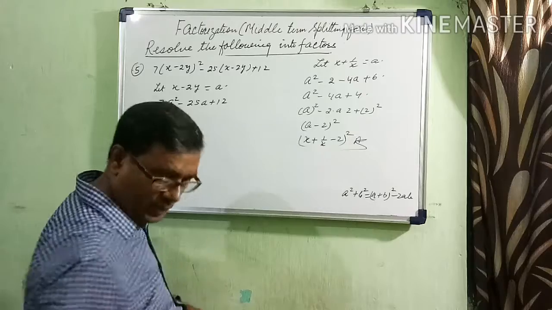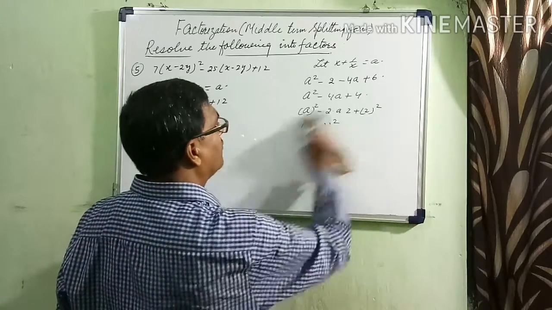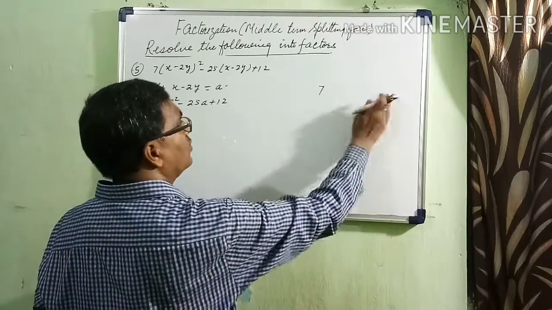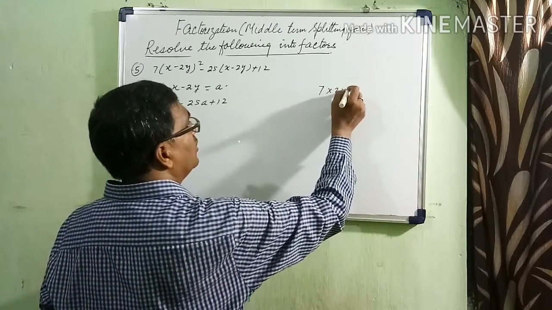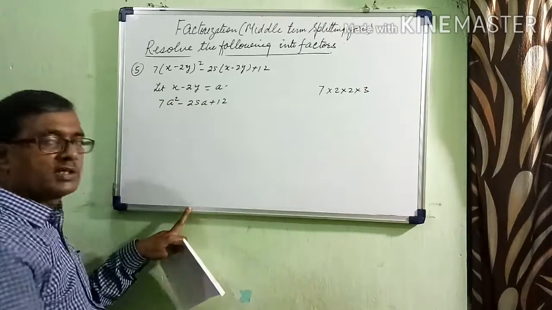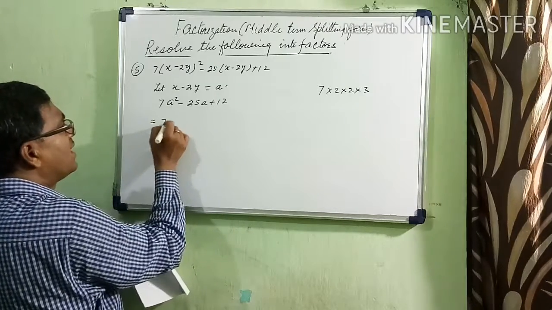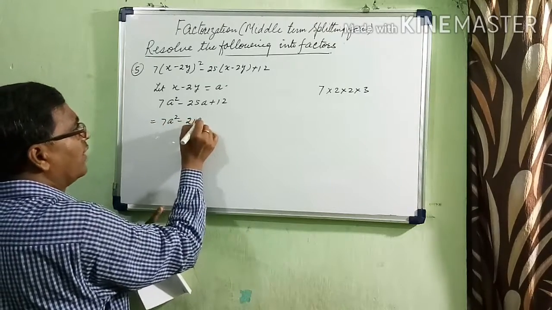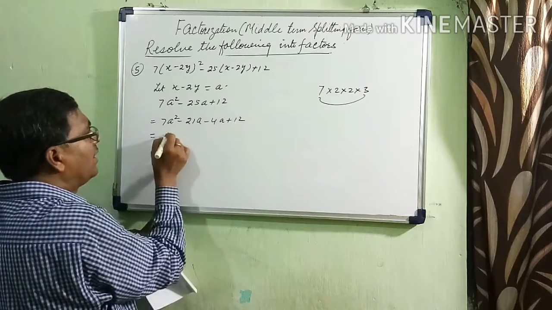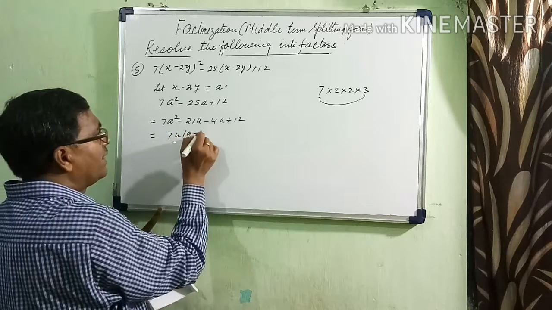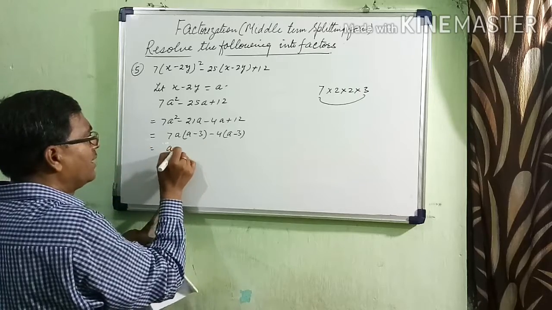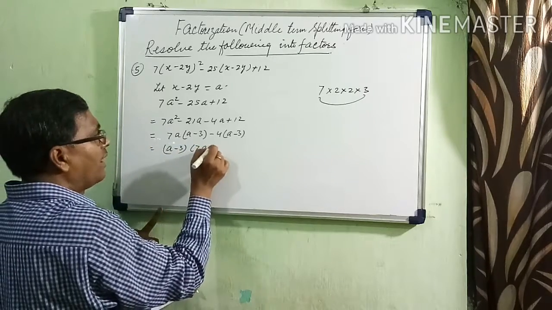And so here what shall we do? We will just try to find out the factors of 7 and 12. So 7 into 2 into 2 into 3. You have 4 factors. You convert in such a way that it will be minus 25. How can we? 7a square minus 21a and minus 4a plus 12, and that will be 7a common, a minus 3, minus 4 common, a minus 3, and a minus 3 into 7a minus 4.